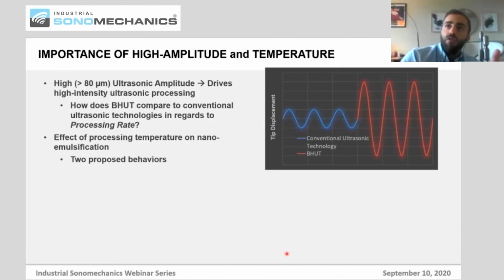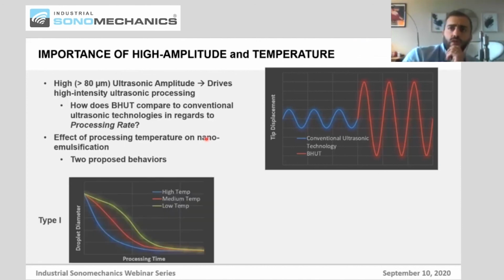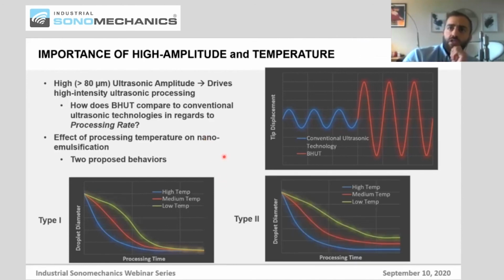The second parameter of interest was processing temperature. Processing temperature is a really important parameter in almost all chemical or biochemical processes. However, it's not particularly studied in regards to nanoemulsification. So we wanted to look into that a little bit. And we suppose that there could be two types of behaviors with temperature and nanoemulsification. In these supposed graphs here, we have droplet diameter decreasing with increasing nanoemulsification processing time.